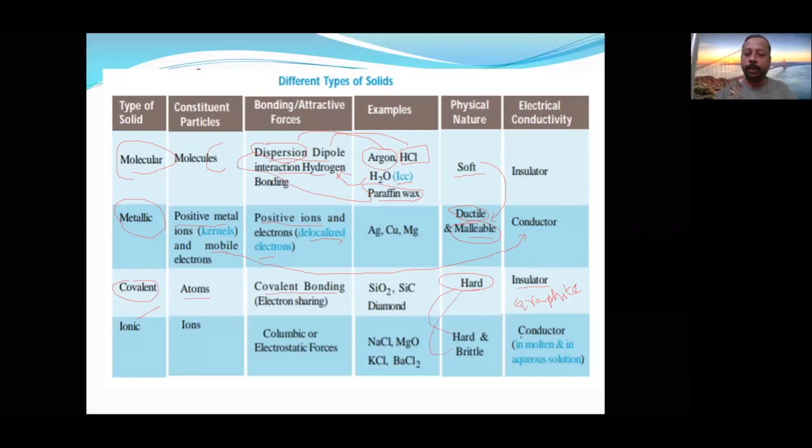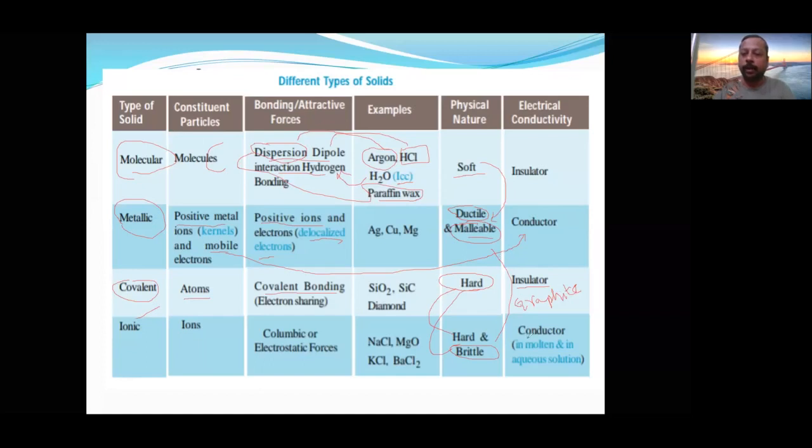This brittle nature is a difference between metallic and ionic solids. Ionic solids are brittle, whereas metallic solids are ductile and malleable. You cannot convert ionic solids into wires or sheets.